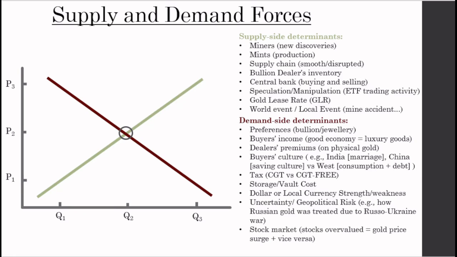In China, a similar story. Gold isn't used that much in marriages, but China has more of a saving culture compared to the West. The West is more about consumption and it has a lot of debt. So all of these can influence prices to some degree.